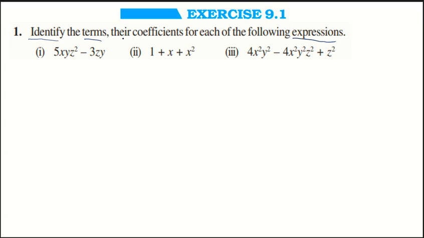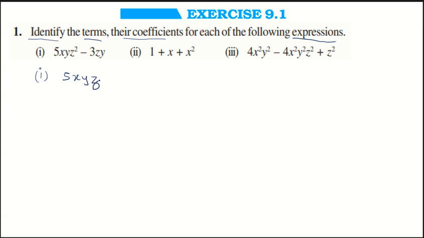Later we are asked to identify the coefficients of them. For example, if I take, let us say, question number 1. In question number 1, I have terms.